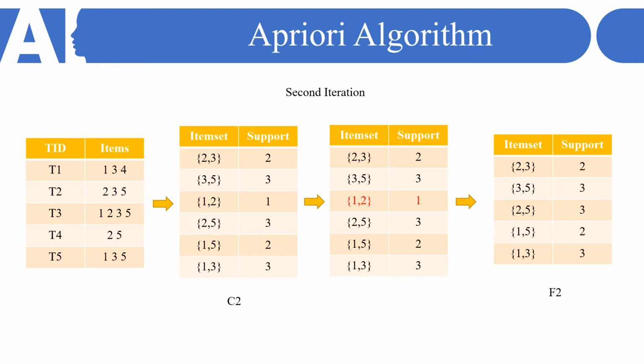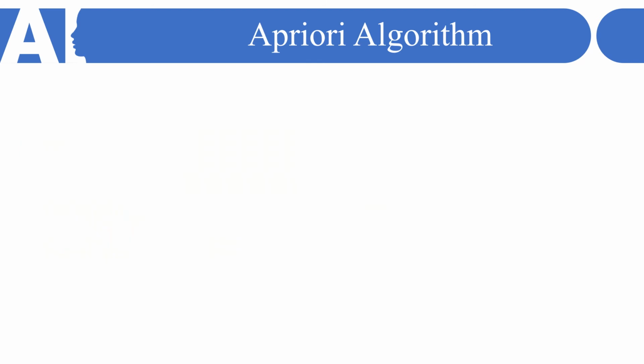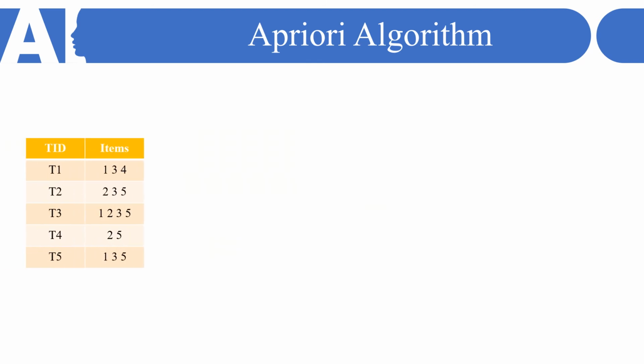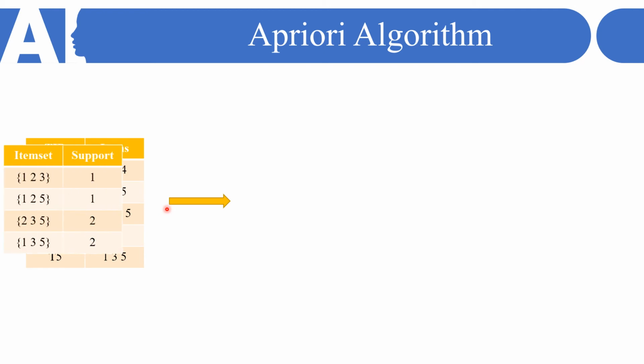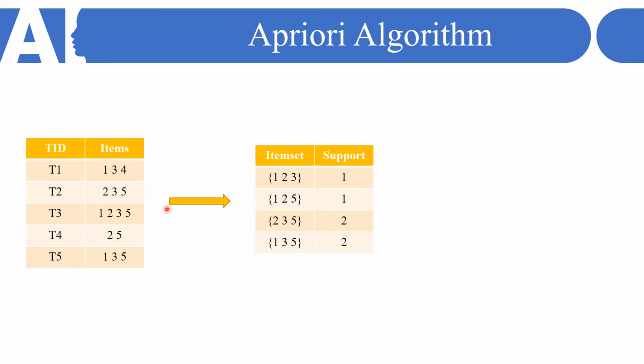Then similarly we are going to, so here we can see a table, and we are having item set of 3. So if we consider item set of 3, then there are 4 combinations possible. So we are going to use here pruning method, in which we are not going to consider the transactions which were eliminated in the first iteration and the second iteration.